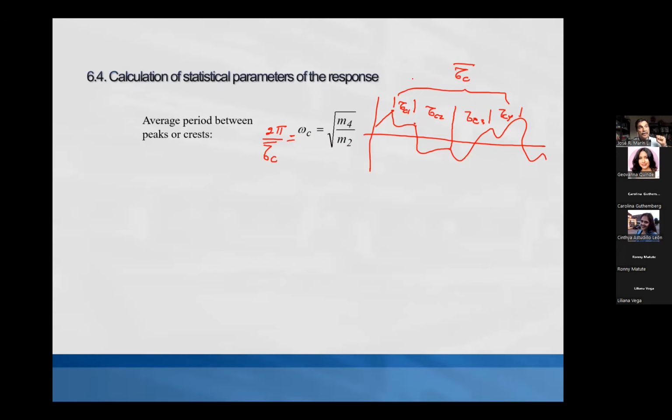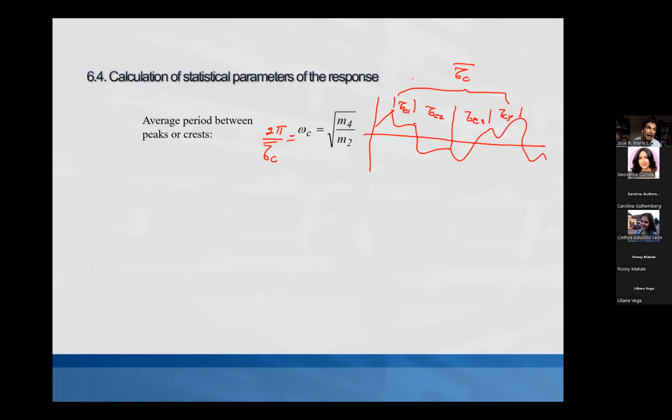Remember that, for example, let's suppose that the response right now is the relative motion between the sea surface and the deck motion. If the amplitude of this relative motion is higher than the freeboard, that means that the water has come on the deck. So you have water on the deck.